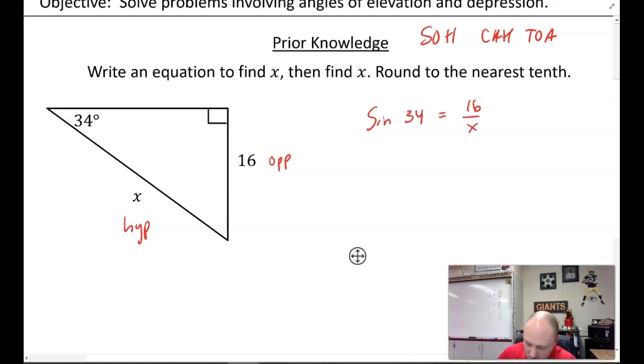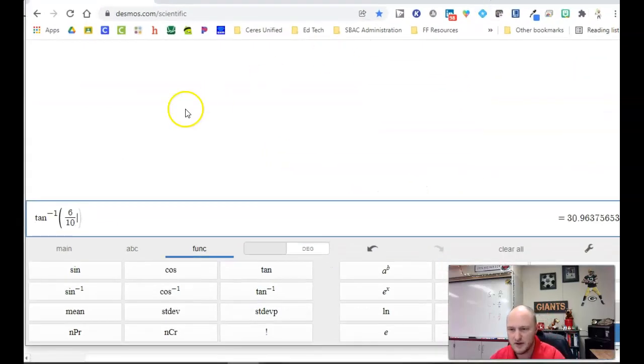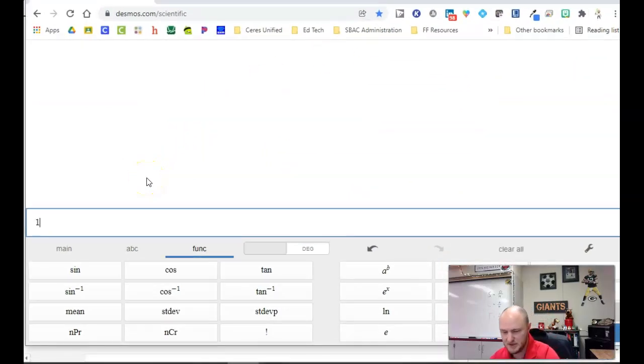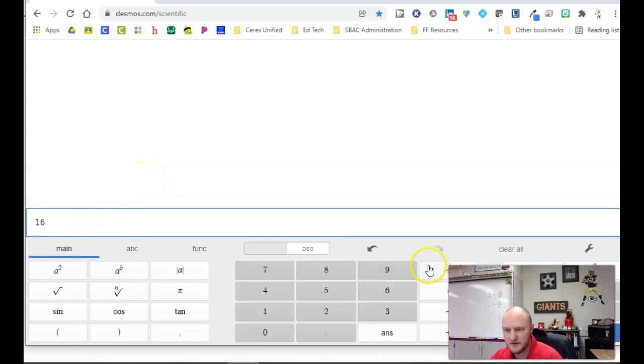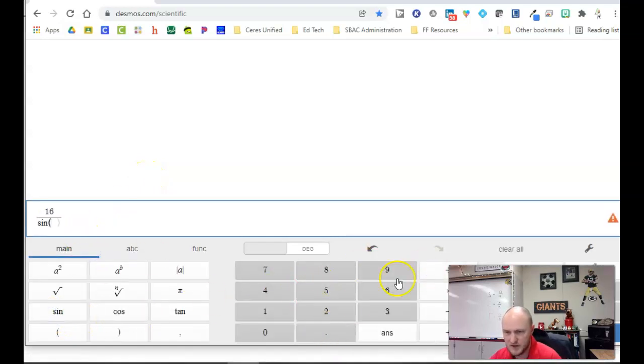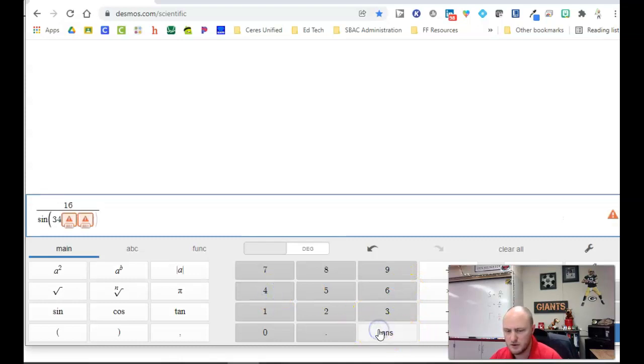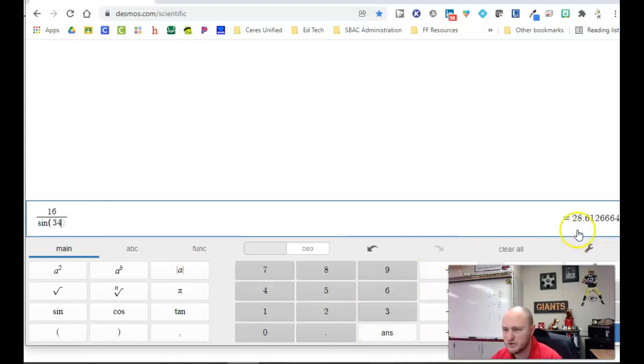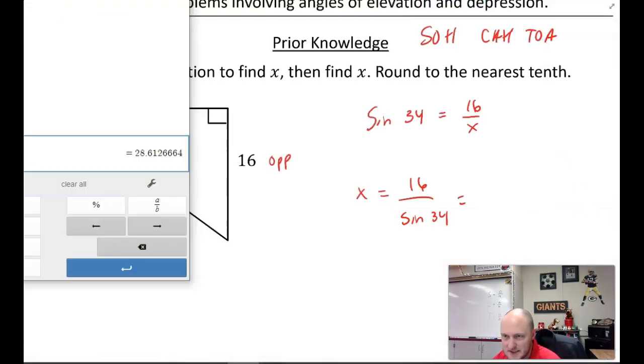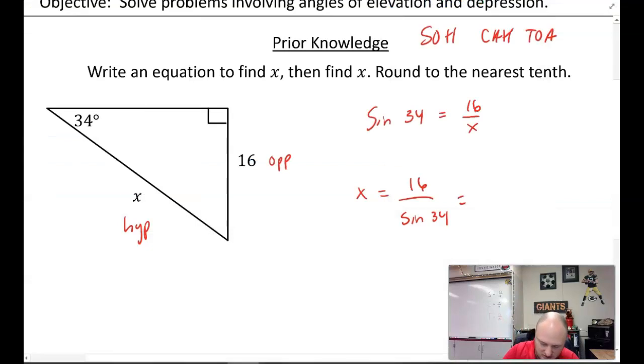And then solving it, you should have gotten x is equal to 16 over sine of 34, which if we calculate, 16 divided by sine of 34, it's right there, about 28.6 is x.